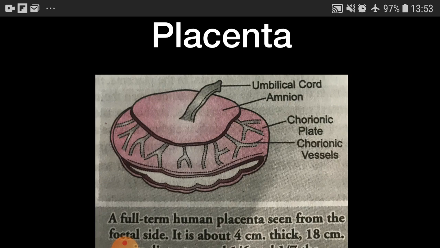It consists of chorion only, hence it is called chorionic placenta. Allantois remains small and the allantoic blood vessels, however, extend into vascularize the placenta. Right?